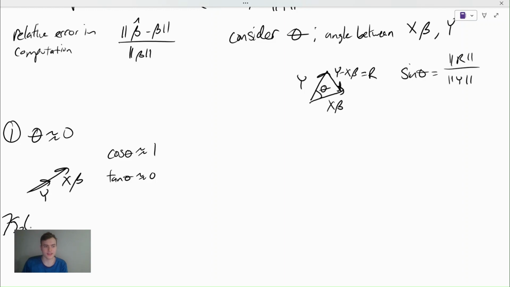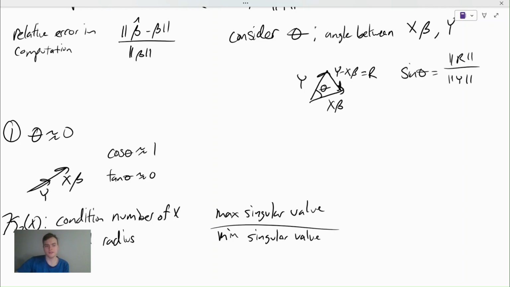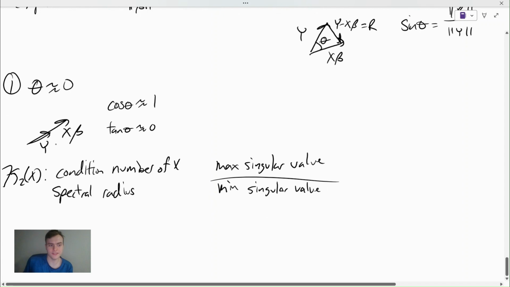Let's say k2 of x is the condition number of x, also called the spectral radius, and that's going to be computed by taking the max singular value divided by the minimum singular value, and that's going to give us an upper bound on the number of operations when doing matrix multiplication involving x.